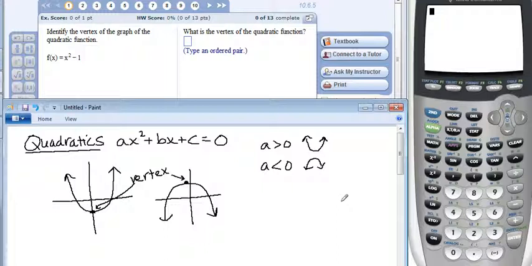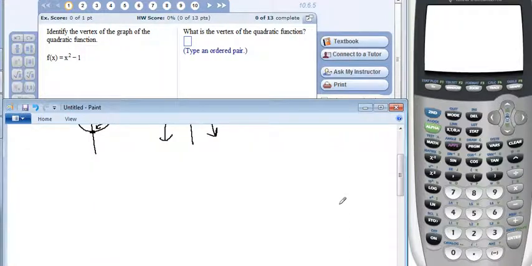Now we have two different types of forms for quadratics. We have the standard form, which we've already seen, ax squared plus bx plus c.